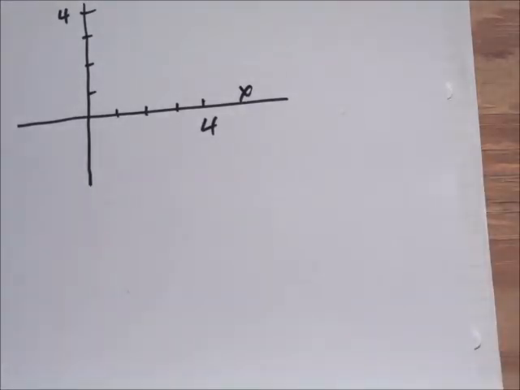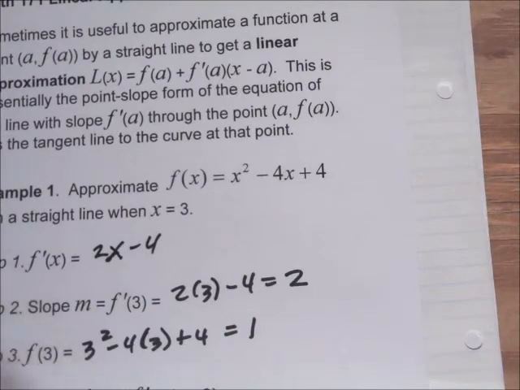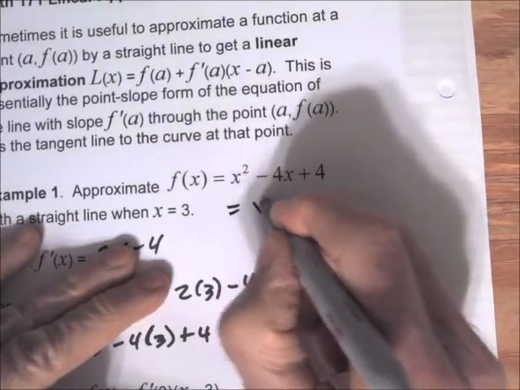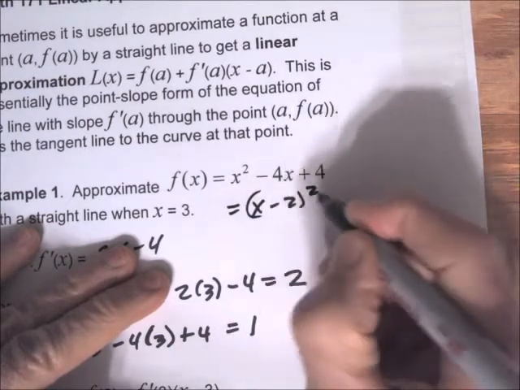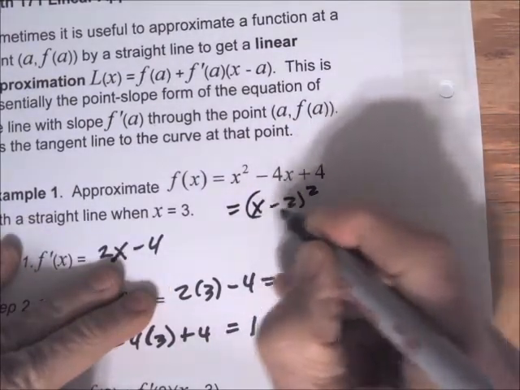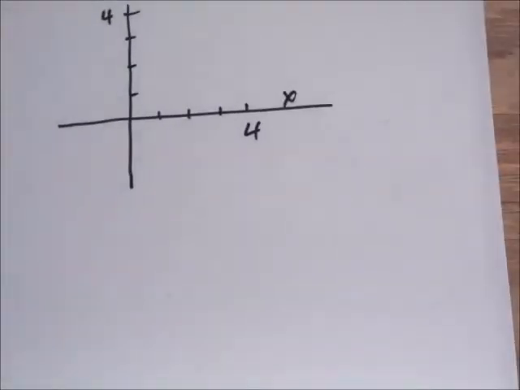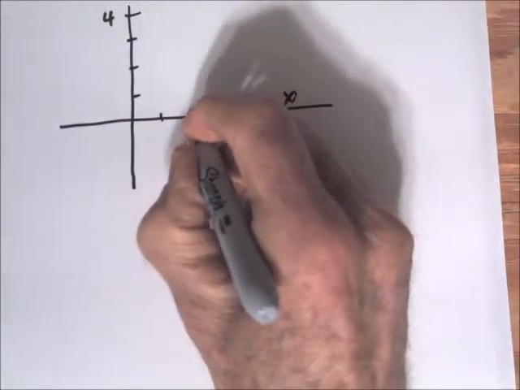Actually, we can factor this: it's x minus 2 quantity squared, x minus 2 times x minus 2. So it's a parabola opening up with the vertex at x equal to 2.